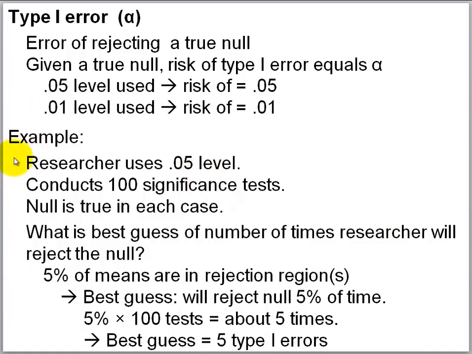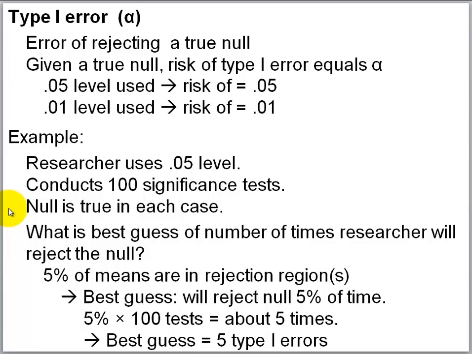Now, suppose that a researcher selects the 0.05 level, and suppose that the researcher conducts 100 significance tests. I mean, in essence, draws 100 random samples and carries out the appropriate test for each of them. Now, suppose that the null is true in each case.